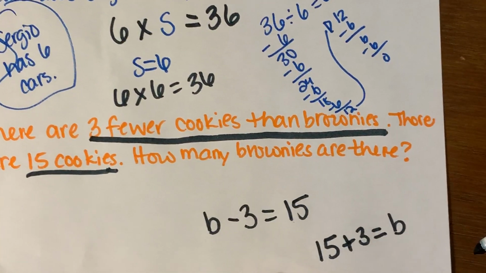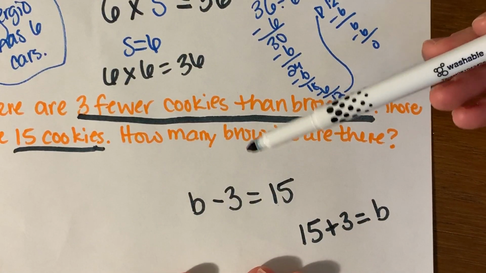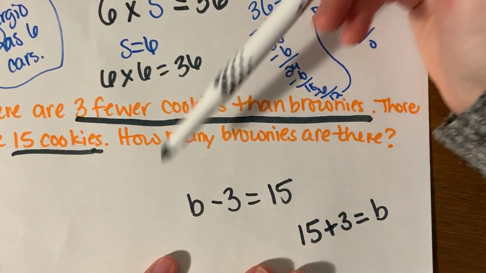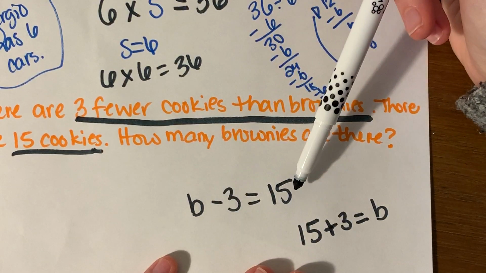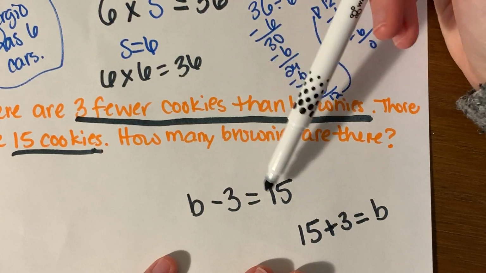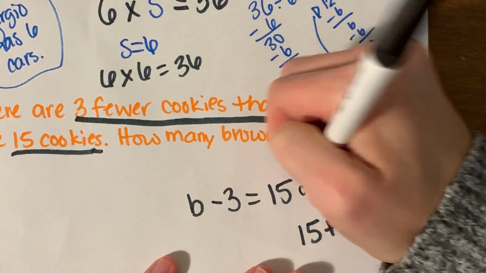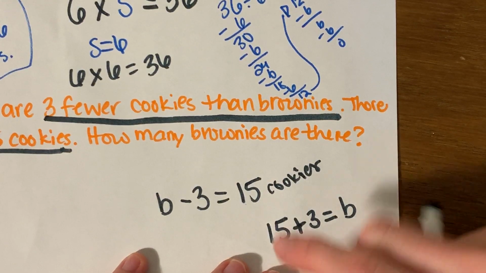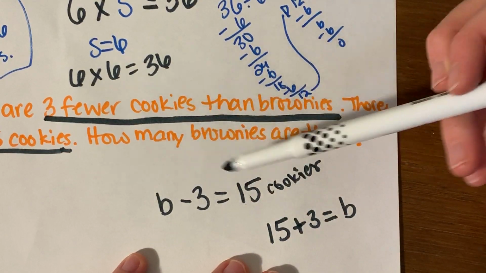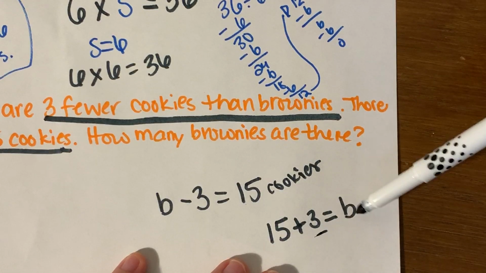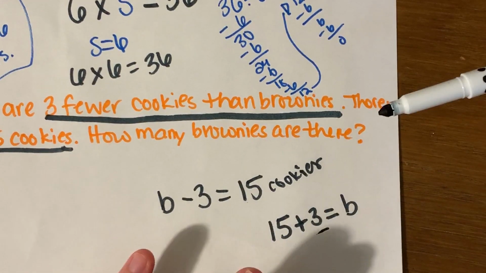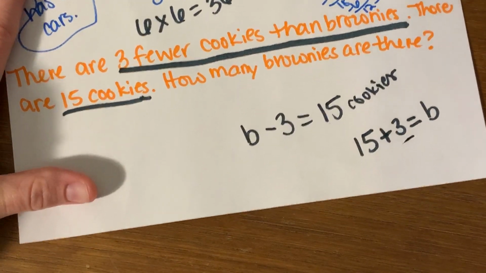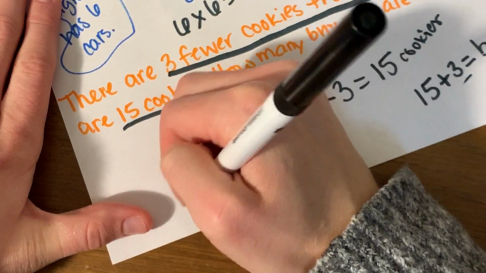So there's 2 ways you could actually go about it. We could either say that we have 15 total cookies, and if we want to figure out the brownies, we need to say brownies take away 3, since there's 3 fewer cookies, gives us 15 cookies. Or we could say 15 cookies and there's 3 fewer cookies than brownies, so I need to add 3 more so that I have enough brownies. Either way, we can solve this and we can get 18 as our answer.